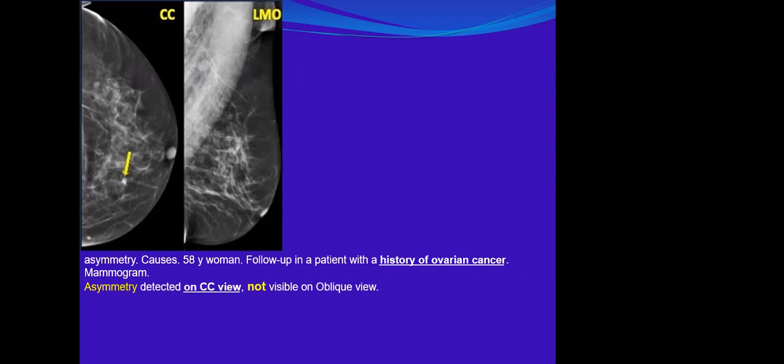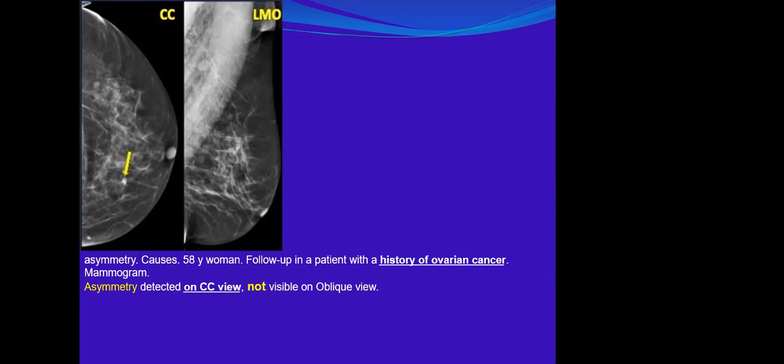But she had a history of ovarian cancer. Excellent. So here we have to consider the history. We consider her an elevated-risk patient, so we have to take it seriously.